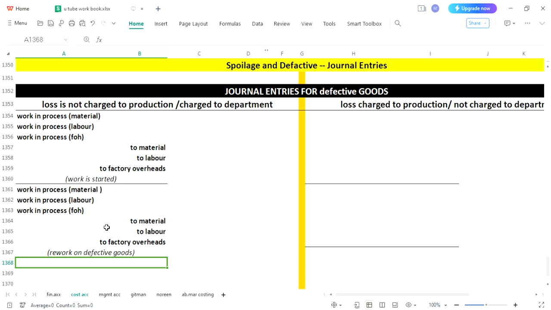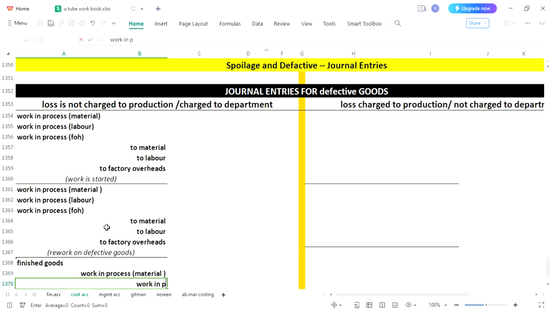Finally, we will see number 3, where we will see the finished products or finished goods. As you will get your finished goods, it is favorable, it is an asset, it should be debited, so you will debit finished goods. Work in process was your asset, but now it has been completed. When work in process was started, you debited it, and now work in process has ended. That is why you are crediting it, putting it on the opposite side at completion.